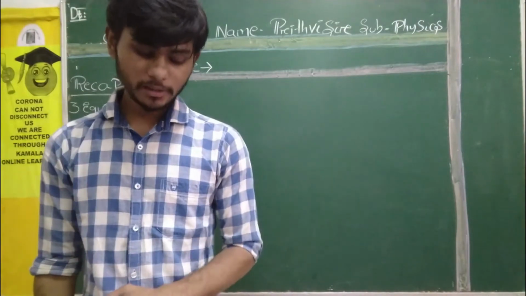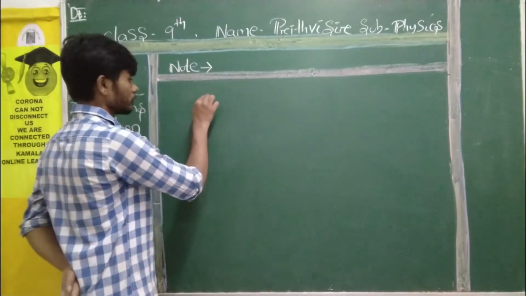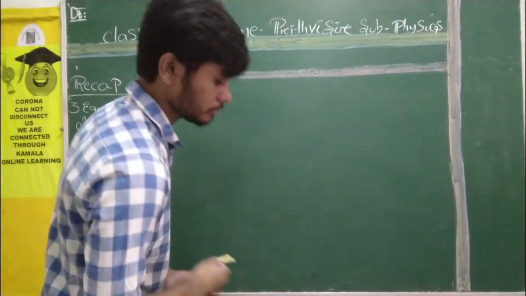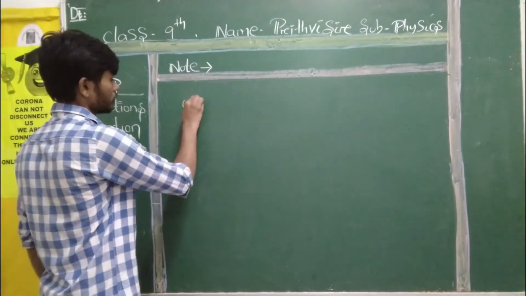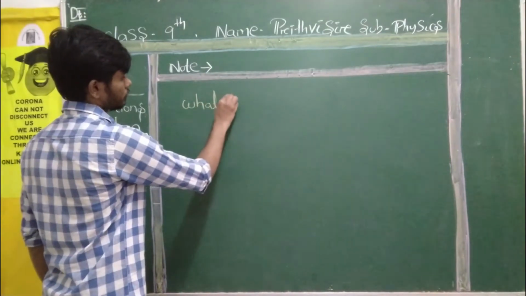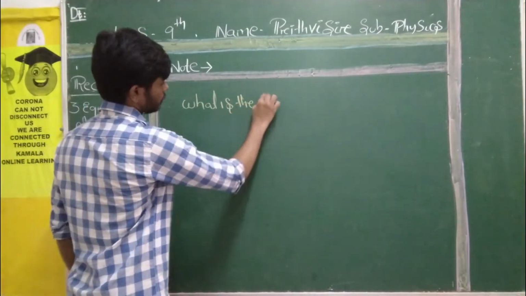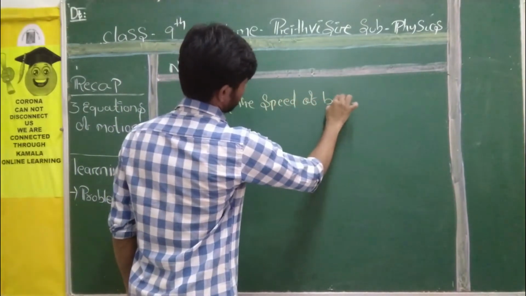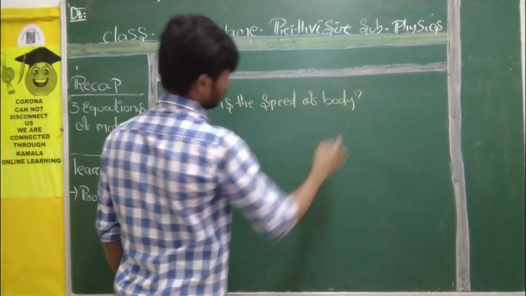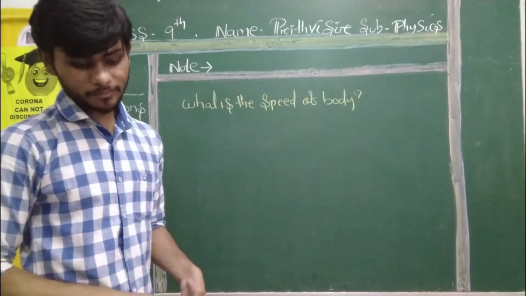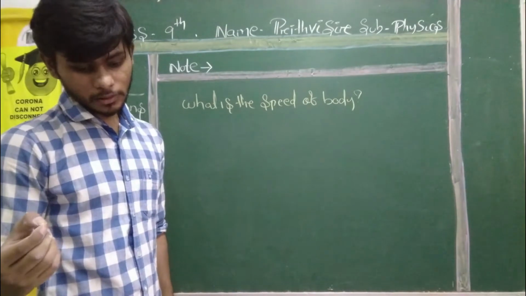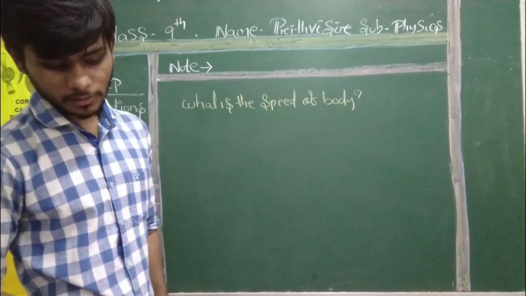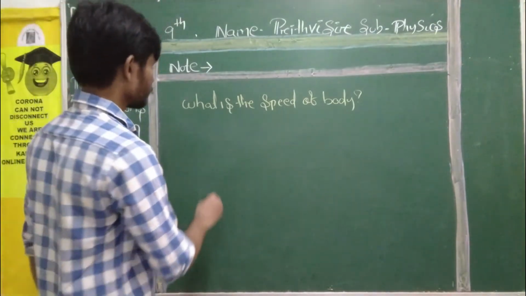It is asking what is the speed of body when it is having uniform acceleration at the midpoint of 2 points on a straight line where the speed are u and v respectively.